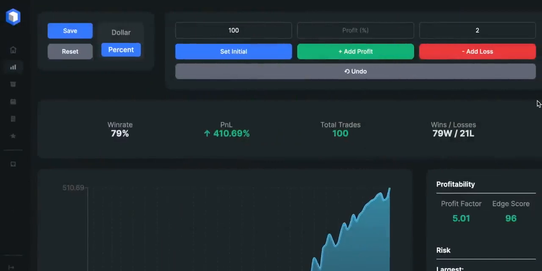Okay, so the test is finished and here are the results. I took 100 trades within 6 months period and 79 of them were successful.